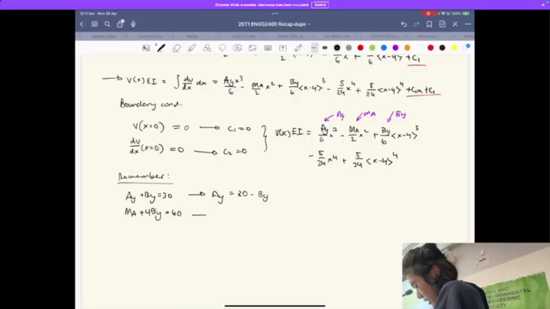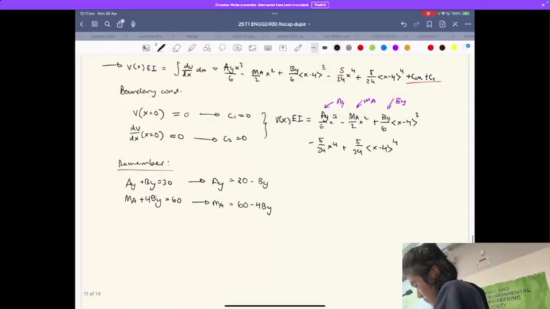I think the easiest way is to put it all into one term, and then you substitute into the last boundary condition. So the last boundary condition was Vx at x equals 4. That's at the roller support. That also equals 0. So then you get something that looks kind of like this.